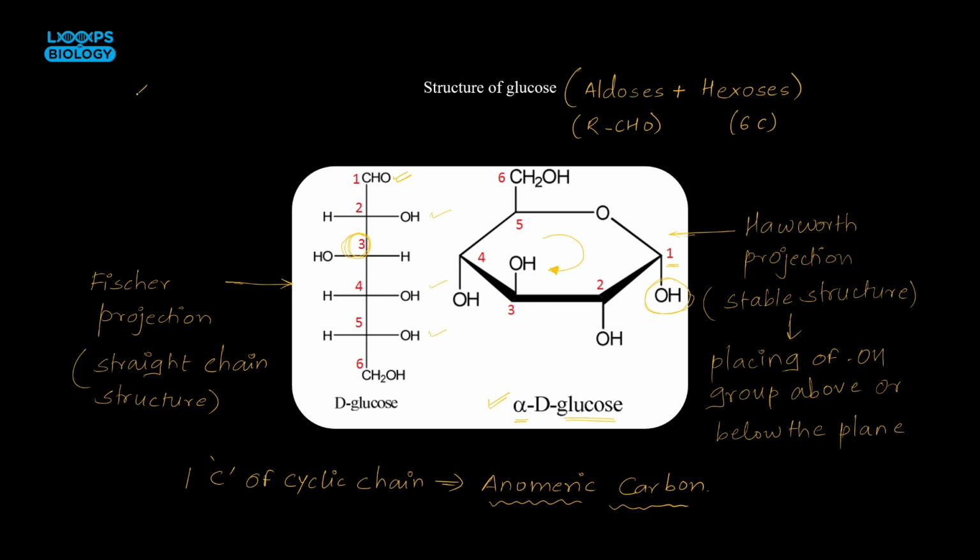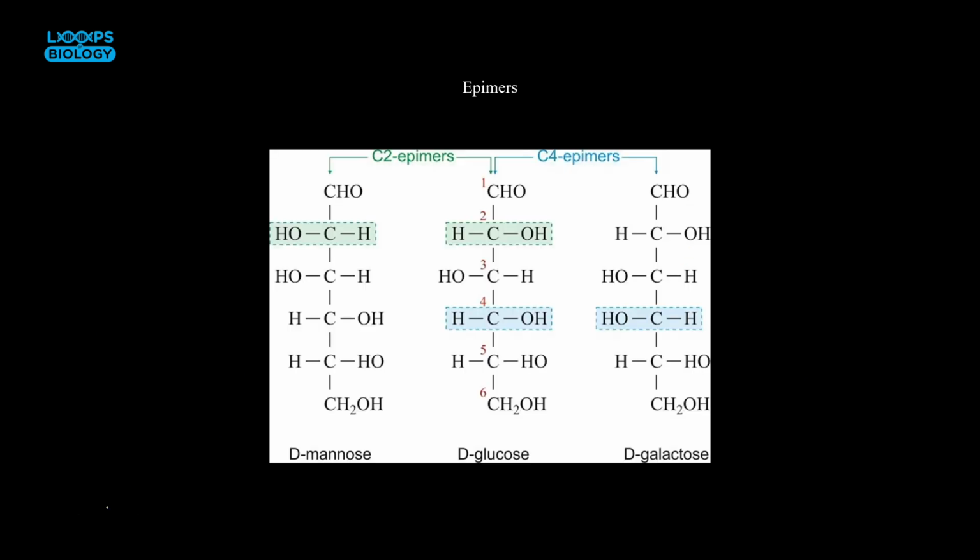So for alpha glucose, OH below, and for beta glucose, OH above. Only the position of OH on the first carbon is changed, the rest of the structure remains the same. Got my point, guys? This is nothing but your structure of glucose.